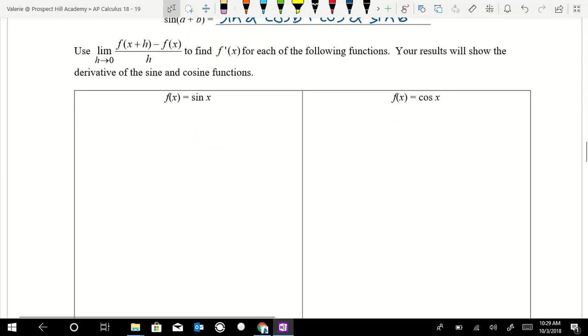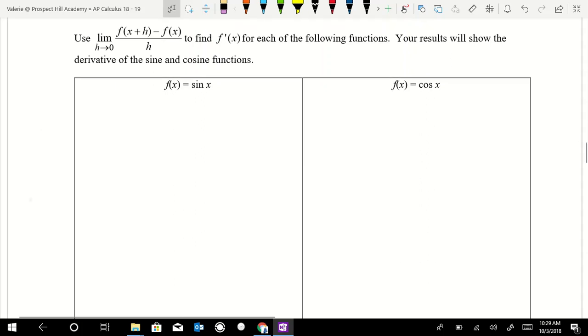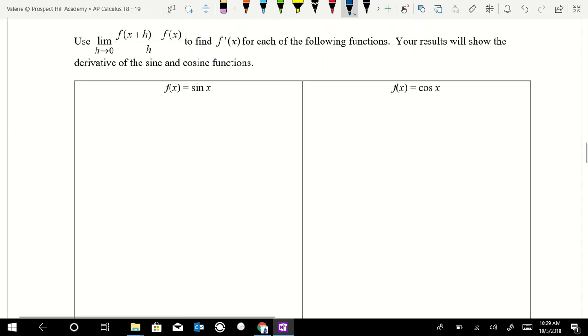So we're actually just going to do the sine function together, and you guys are going to do the cosine function on your own. By using the limit definition, we know that we're going to have the limit as h approaches 0 of sine of x plus h minus sine x all over h.